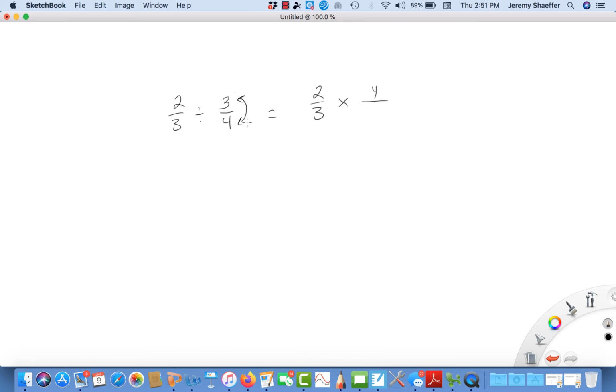It means the 4 goes here, the 3 goes here. All right, you do the math. 4 times 2 is, you're right, 8. 3 times 3 is, of course, 9, not too hard.